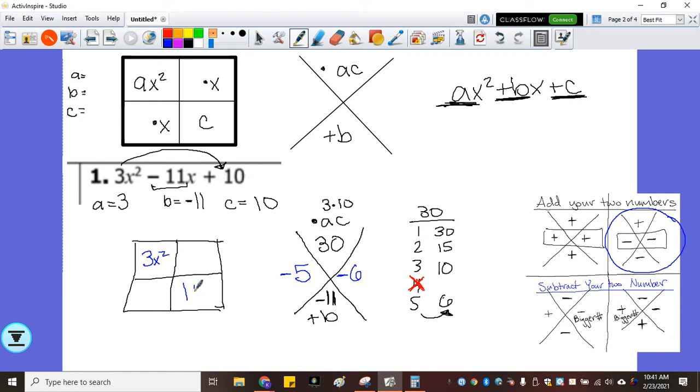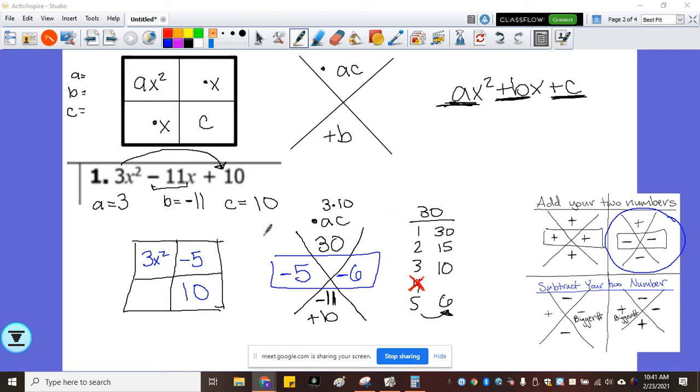C goes in the bottom corner. And the two numbers you chose go in the other two boxes with an x. So that's what the times x means on both of these boxes. But -5x, -6x.